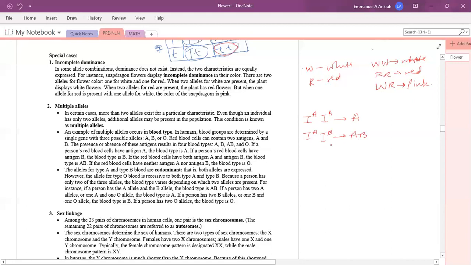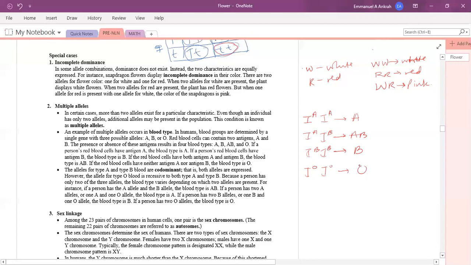If a person has B and B on the chromosomes, then the person is group B. If the person has neither of these, nothing on either one, then it's O.